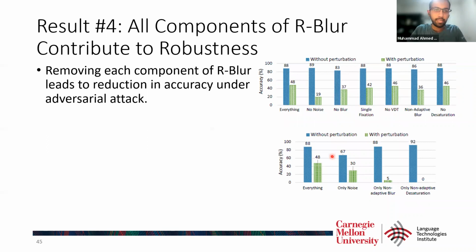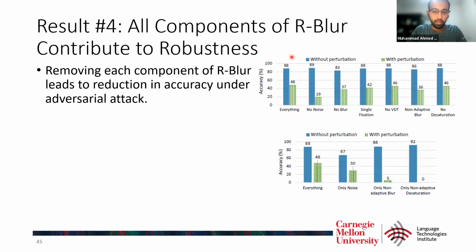A fourth result is that each component in R-blur, from the noise to the adaptive blurring to multiple fixation points being used during inference, all of them contribute to the robustness of the overall model. And that's shown over here. The blue bar corresponds to evaluation accuracy on clean data, and the green one corresponds to accuracy on adversarially perturbed data.